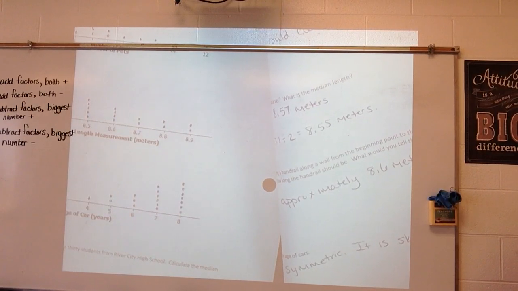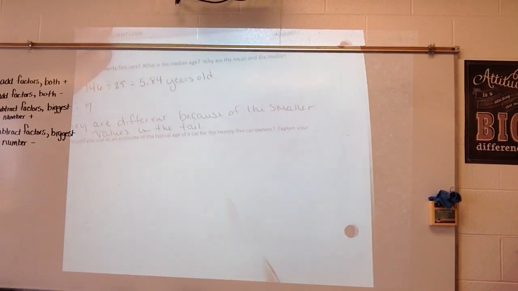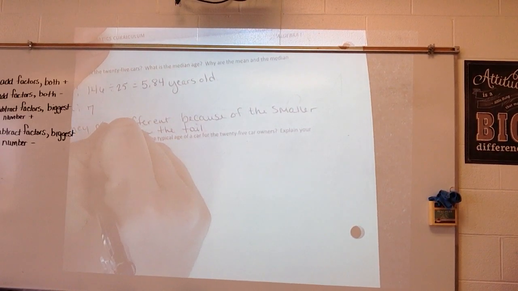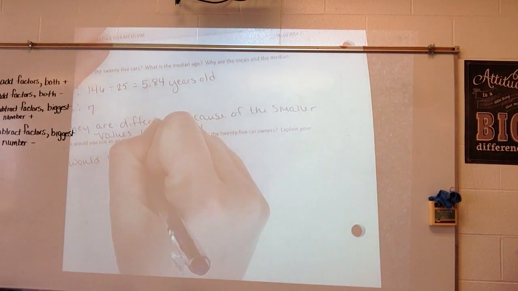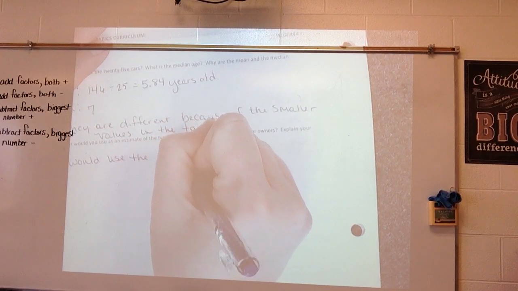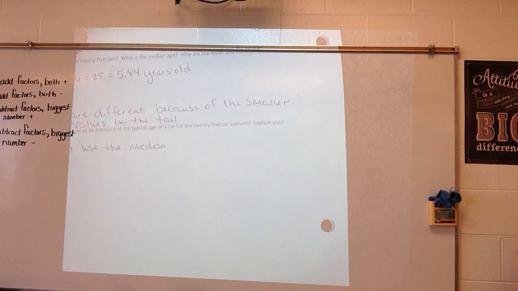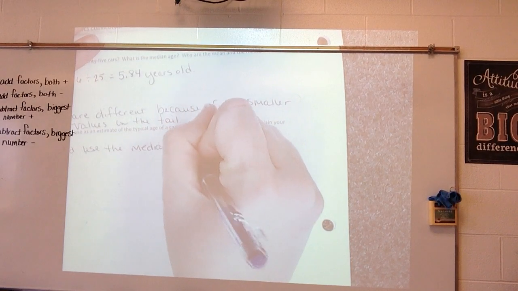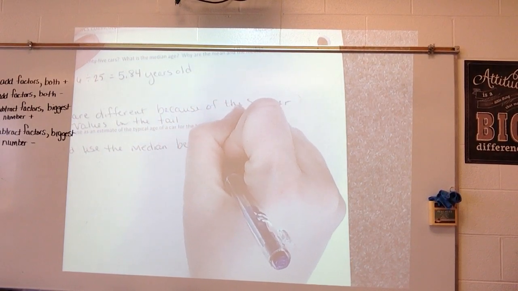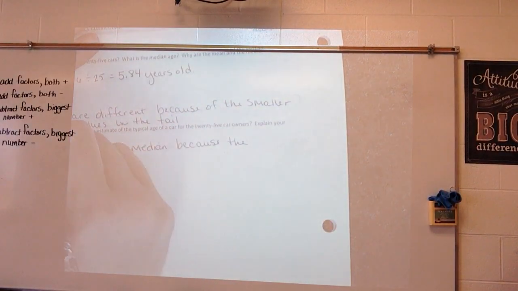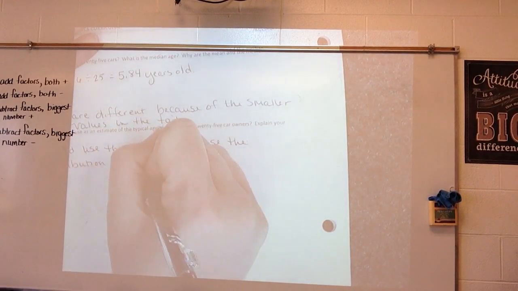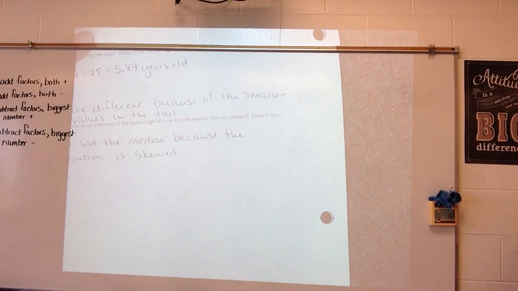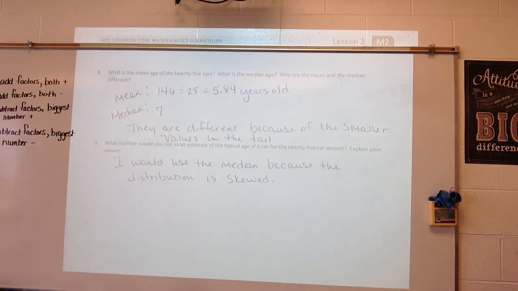Most of my data is closer to the 7, so I would use the median, because the distribution is skewed. Alright guys, that completes lesson number 2. Have a great week.